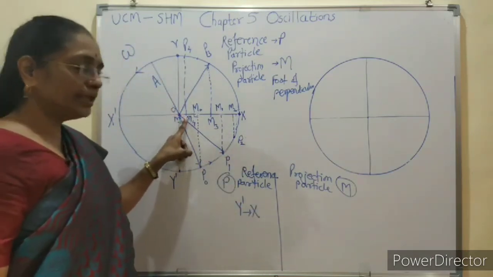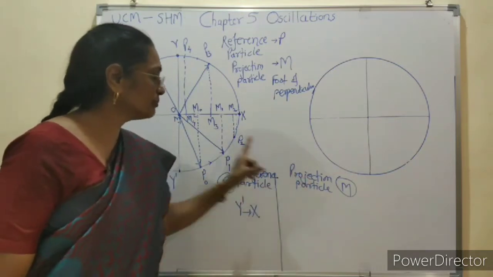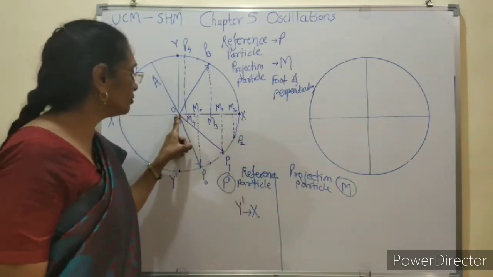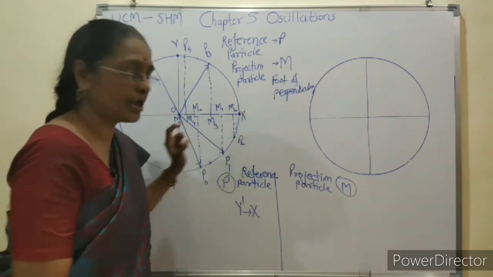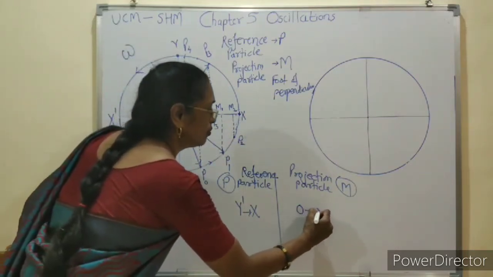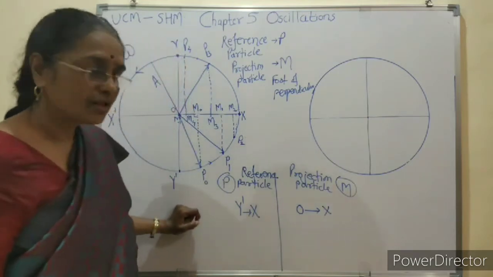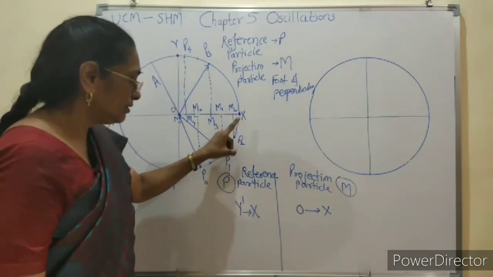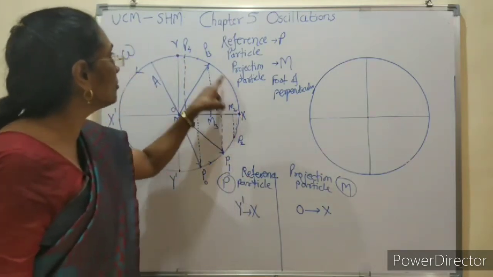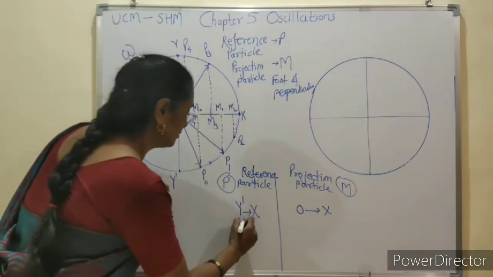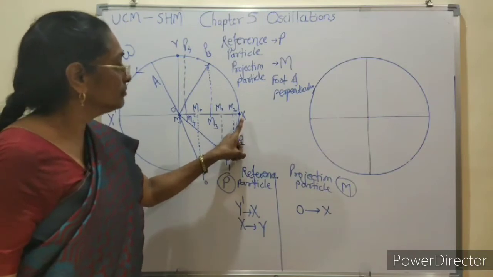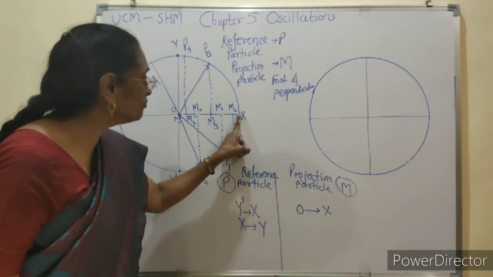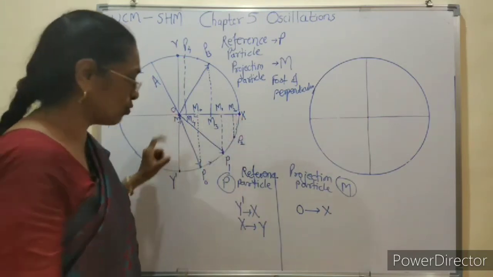Then the M particle, the projection particle or foot of the perpendicular, appears to move from O to x. If the reference particle moves from x to y, the projection particle moves from x to O.